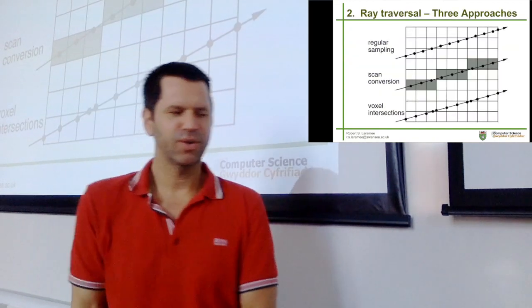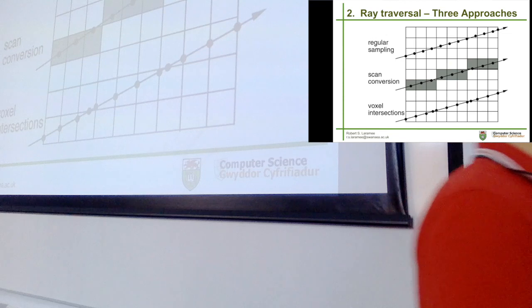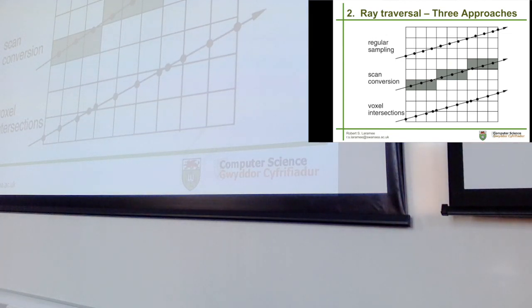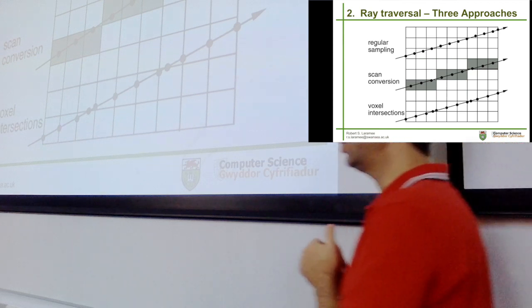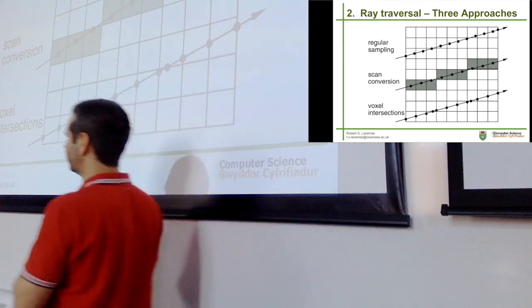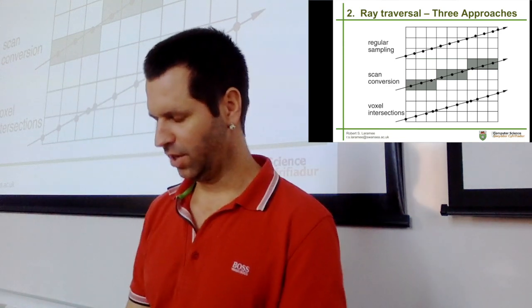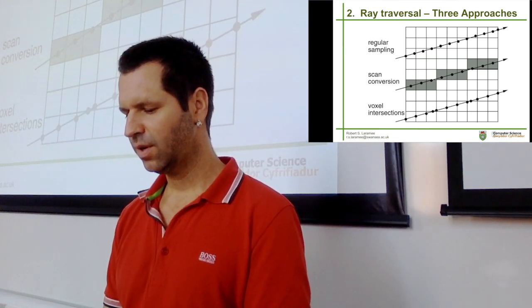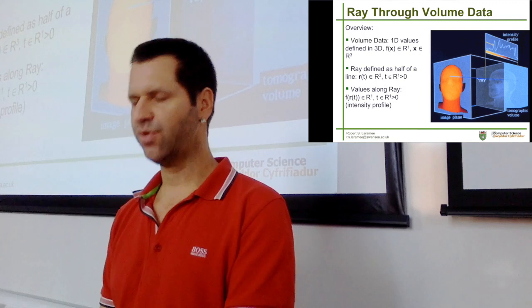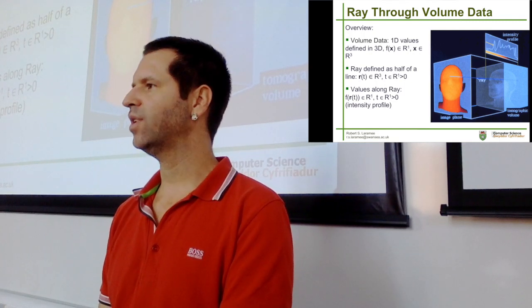Now, when we sample the data using rays, there are different ways to do that. This is a 2D depiction of that process, by the way. We're not talking about the 2D. It's a 3D process. So this is a 3D array being cast into 3D.